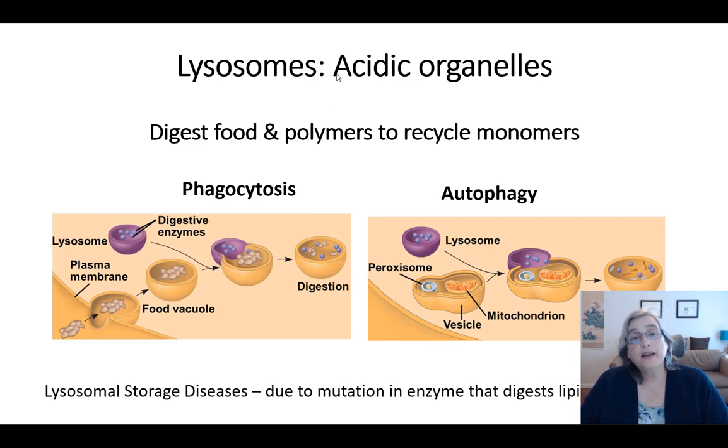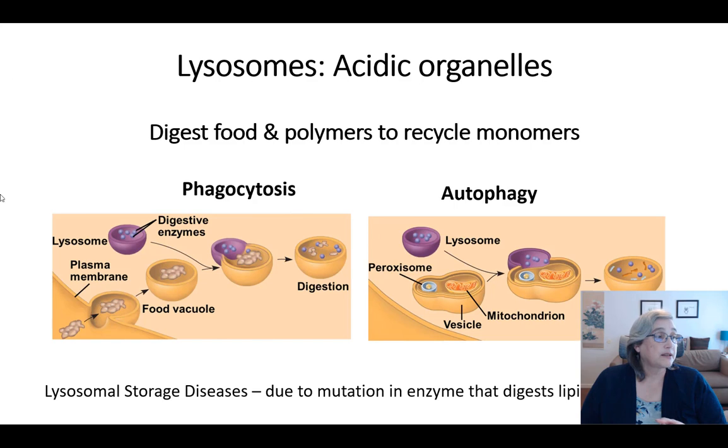They have an acidic content, very low pH, and the enzymes that live inside lysosomes work best at low pH. Now remember that the pH in most of the cytoplasm of your cell is very close to neutral, close to 7. And so these acidic spaces inside your cells are really important because these are the organelles that digest material.